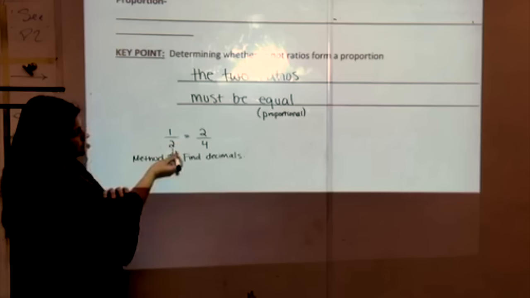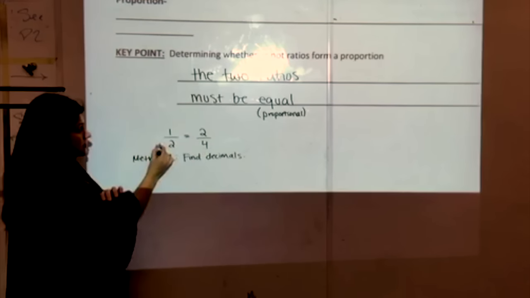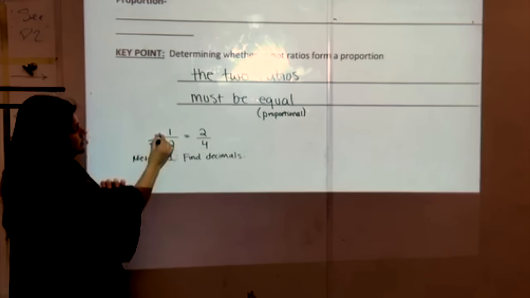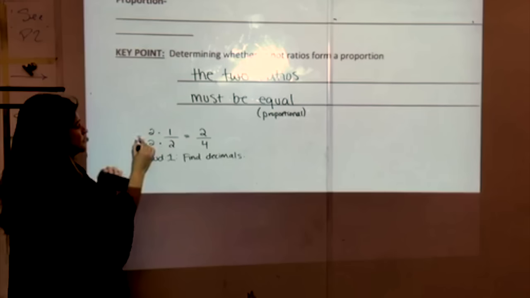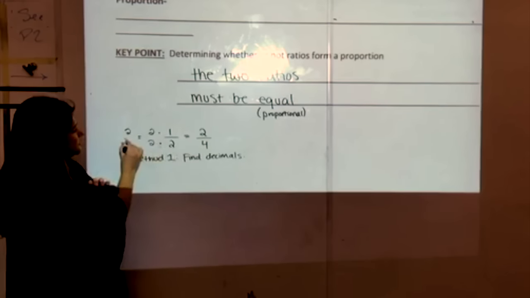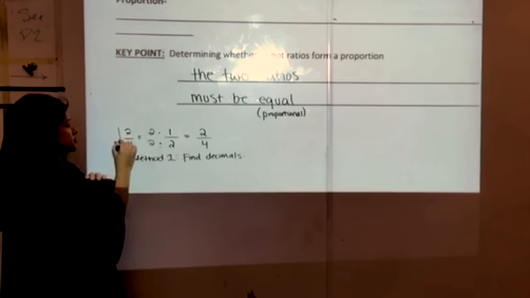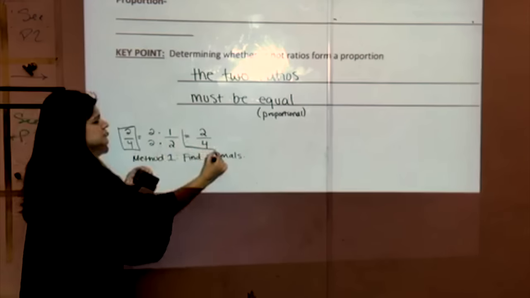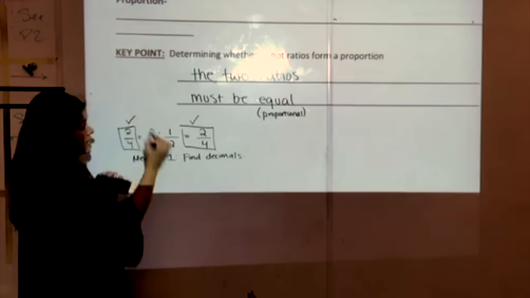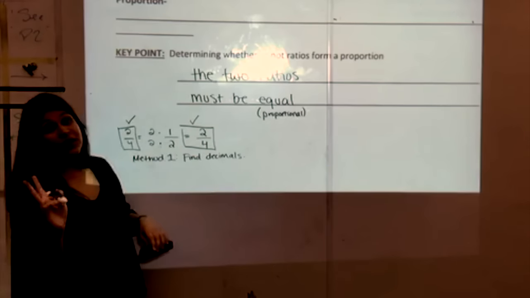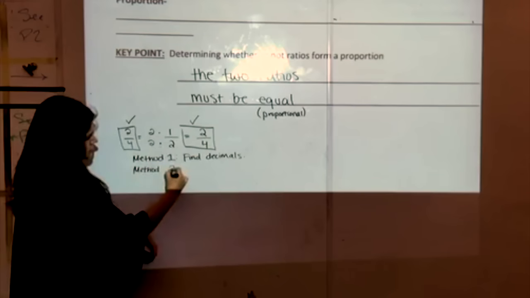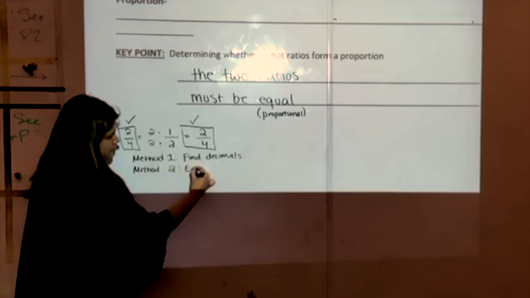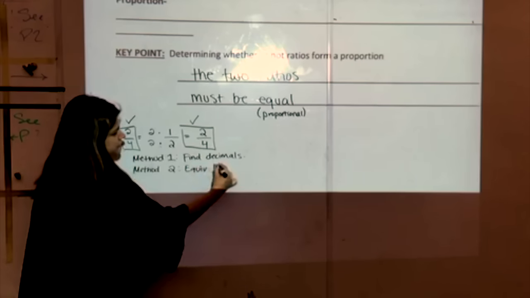By finding a common denominator, I can say that we can turn 2 into 4, and I can multiply both the denominator and numerator by 2. So 1 times 2 gives me 2. 2 times 2 gives me 4. So 2/4 is equal to 2/4. So I've checked it out. We're going to call that method 2, using equivalent fractions.